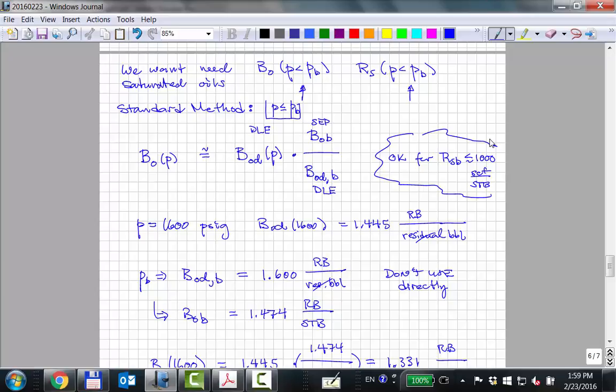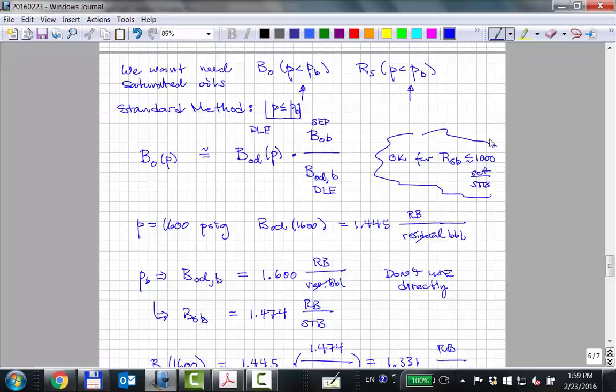It was a bad process, or the RSD or the BOD in their engineering calculations. He said, I want my engineers to know how to convert to the proper stock tank barrel basis. And apparently that was the deal, and they sent the people to the course. So back then, this was before anybody was using equations of state, that was the big deal. That was the thing that you had to learn how to use and do properly.